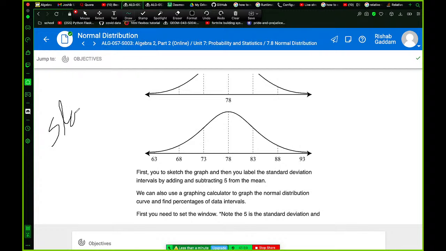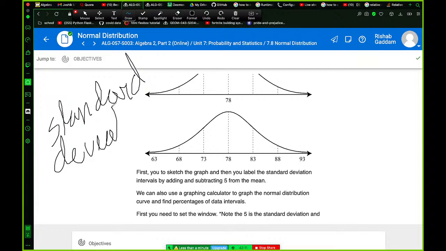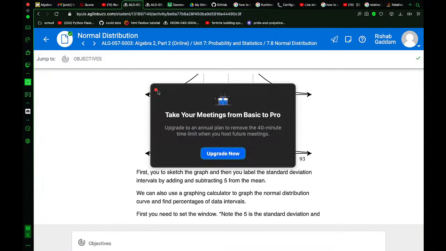Basically, it's the difference between this first spot where most people are and the other points. So it's that difference.